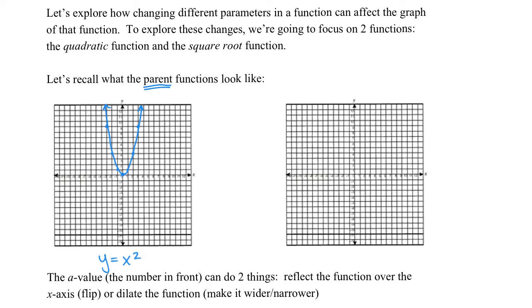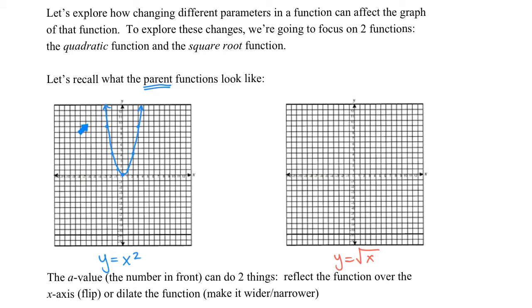Now, the square root function, which is y equals the square root of x, is different than all the other functions in this course because its domain is not all real numbers. Let's remember that domain is left to right. With a parabola, all the values on the left-hand side would have an output, 0 has an output, and all the values on the right-hand side would have an output.